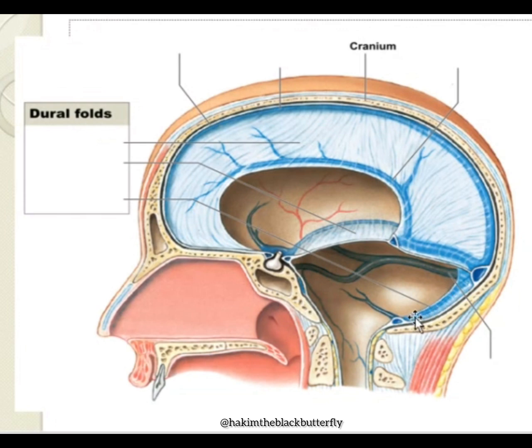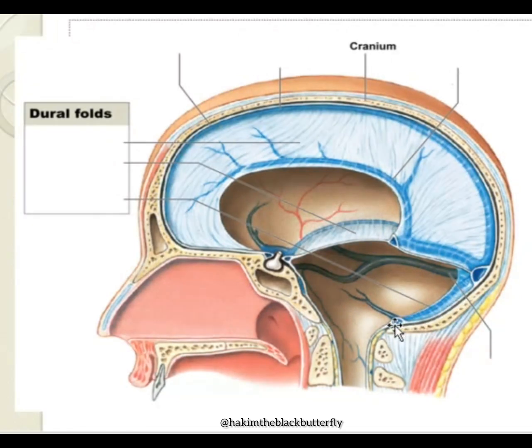Now, the Falx cerebelli is a dural fold which separates the two cerebellar hemispheres. So between the two cerebellar hemispheres, there is a fold of dura mater known as the Falx cerebelli. This is the Falx cerebri between the two cerebral hemispheres, and this is the Falx cerebelli between the two cerebellar hemispheres.